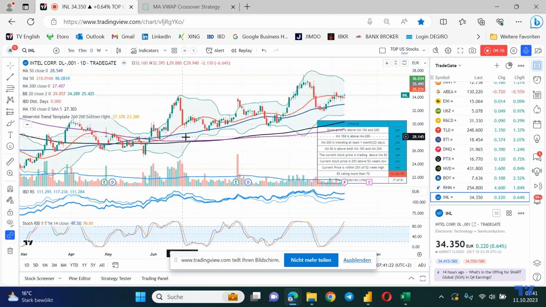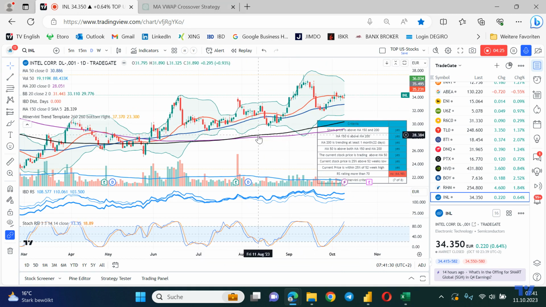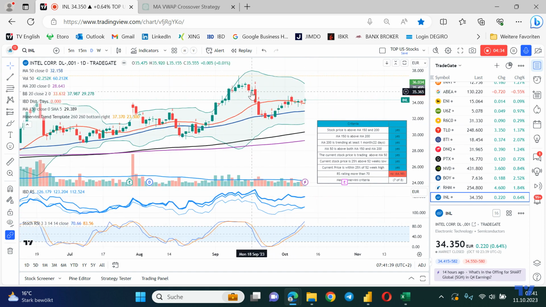It's in an early phase 2 uptrend now. The moving average lines are just getting into the right order over the last 2 months or so. That looks good. It had a shakeout here, a significant pullback under moderate volume. That's always important. And now it's consolidating here again.